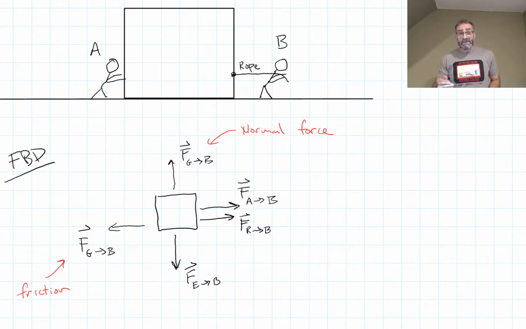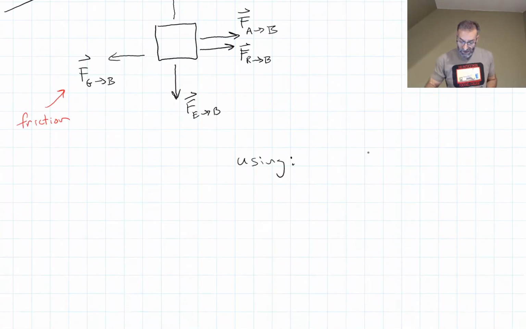For common forces, it's a good idea to use a special symbol, so when you look at it, you immediately know what the force represents. Some common forces are the normal force. So oftentimes we'll just use a capital N instead of indicating F from the ground on the box.